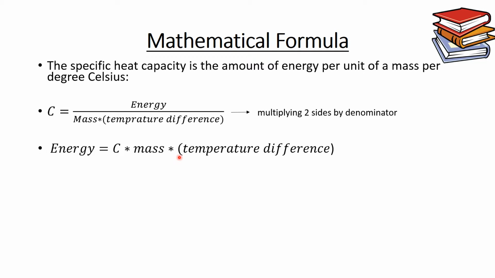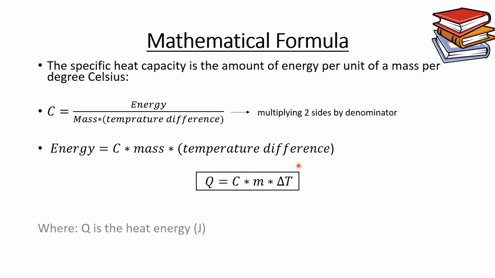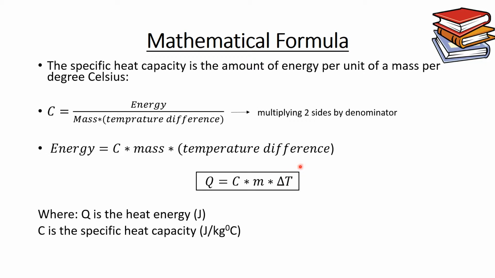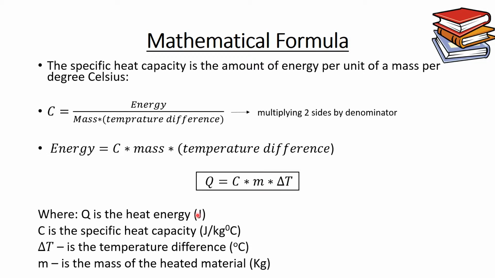And we can make a formula from it. The formula is Q equals C m delta T, where Q is the heat energy required to heat a material that has specific heat capacity C, the mass of the material is m, and delta T is the temperature difference by which we want to heat the material.